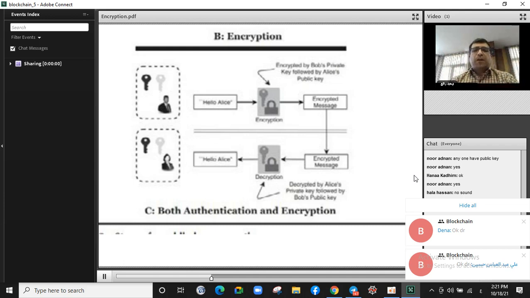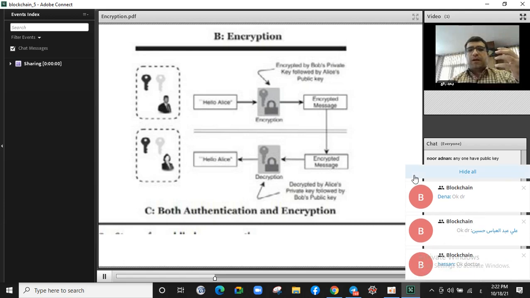Now Alice receives the message, unlocks it first with her private key, then again decrypts it with Bob's public key. So Bob first encrypts the message with his private key, and in the second step encrypts with Alice's public key.